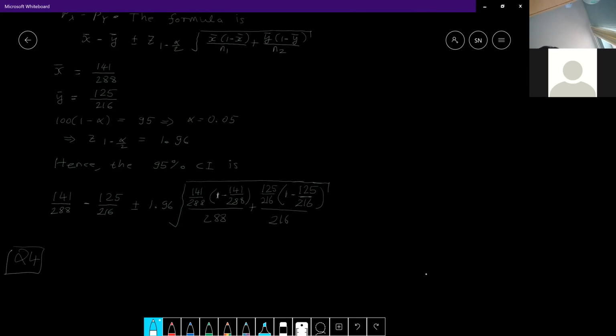So the formula to use is the following. If you follow the notation I used in the notes, this is the one you need to use.